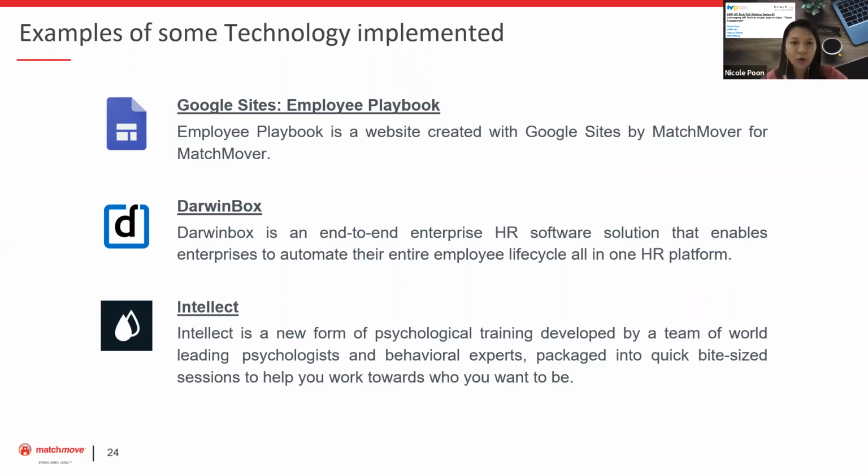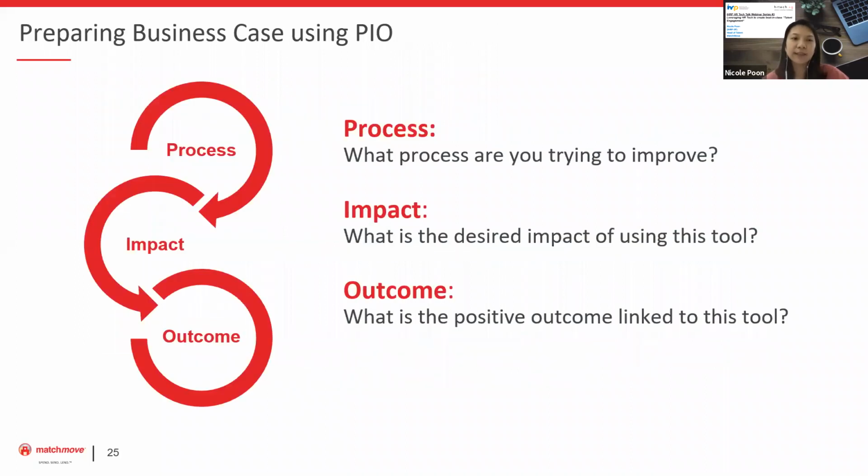By the way, our HR team built this. The next one is Darwinbox. We implemented this year. It's our new HRMS for automated employee lifecycle engagement and management. Lastly, there's Intellect. It's a step we took to show employees that we care as an employer. Intellect provided a platform to engage with employees through psychological training and personal improvement.